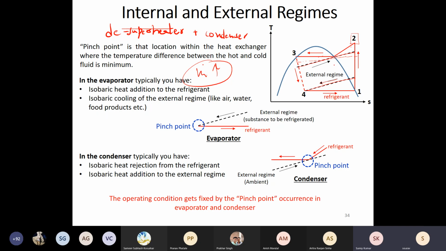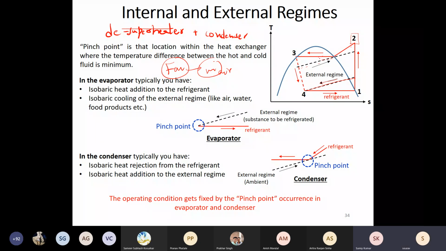If I decrease the m dot, the slope becomes steeper. Okay. So when I have to design the condenser, I have to properly decide about the m dot air. That means I have to properly size the fan because the fan is what decides the m dot.